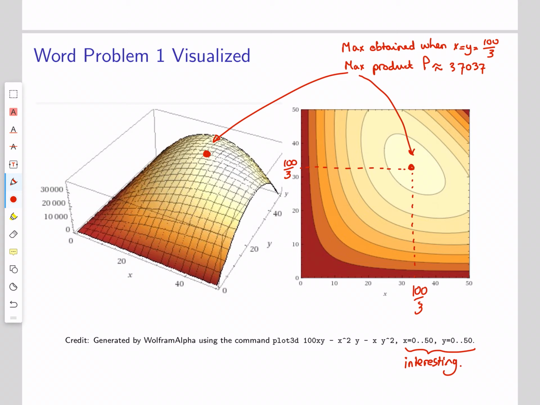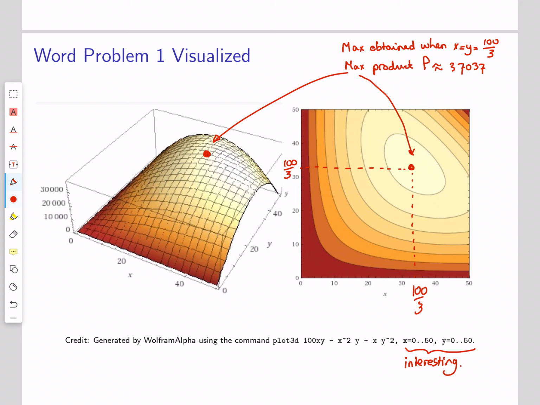And so the maximum is sitting at 100 over 3. It's about 33.3 or so. And so you can see that on the surface plot on the left, you indeed have a local maximum. And on the contour plot on the right-hand side, you can see that the maximum is sitting right in the middle of that little oval there, when x is equal to 100 over 3 and when y is equal to 100 over 3.